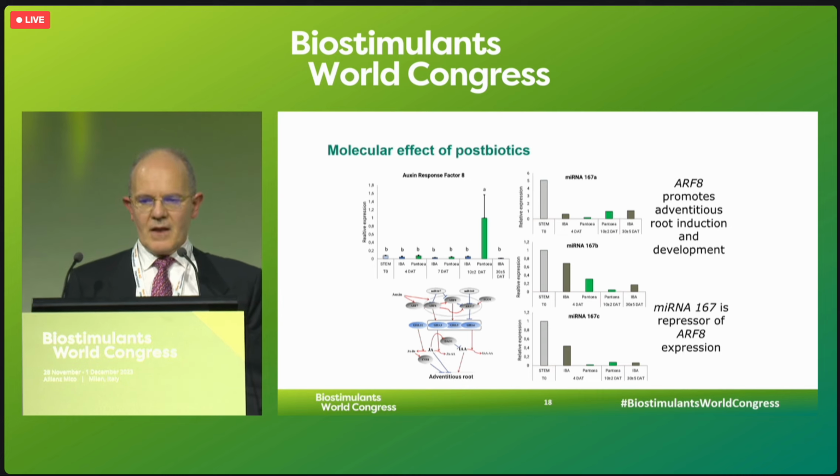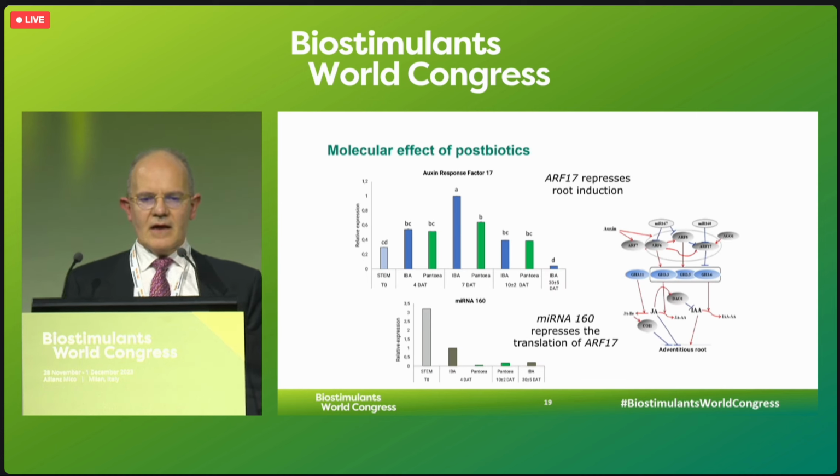And another important observation that we made, analyzing the differential expression of auxin response 17, that represses root induction, is that the level of this protein is reduced earlier. And that is the reason why, for example, the callus formation is not observed when you use microbial metabolites.